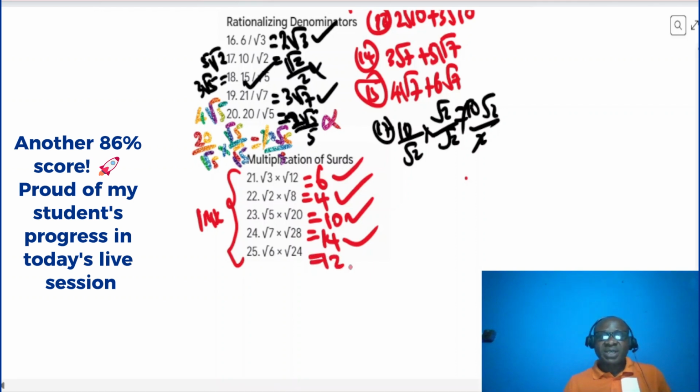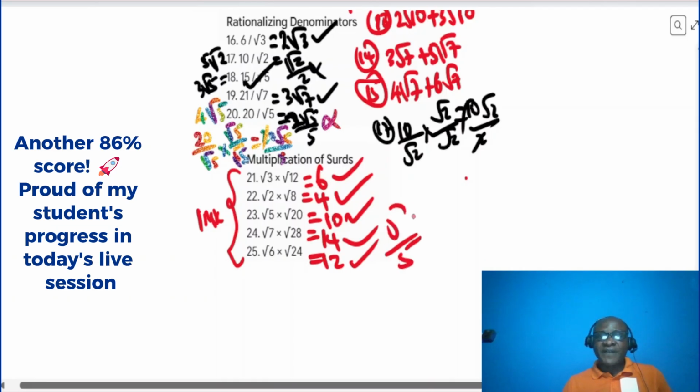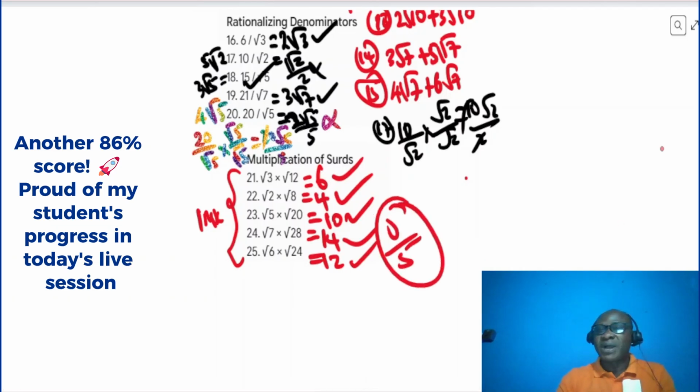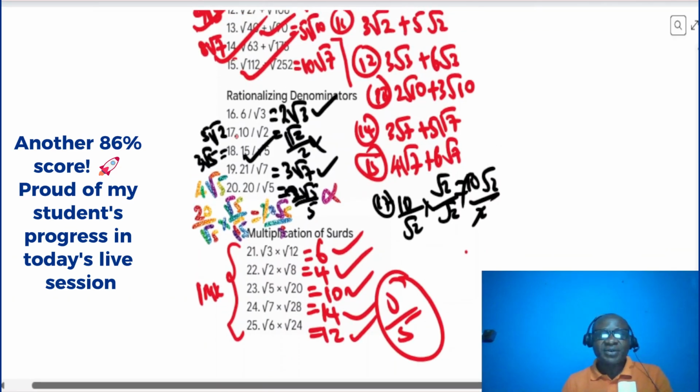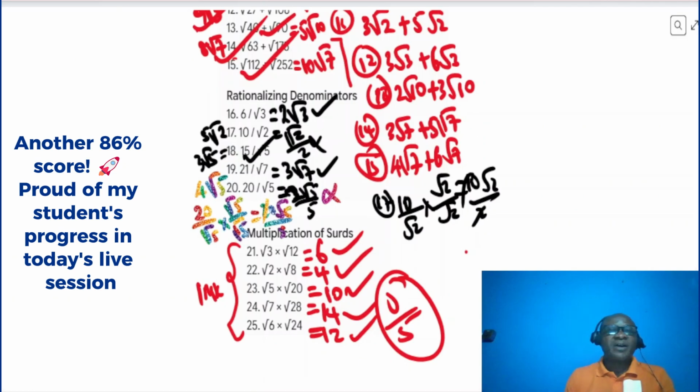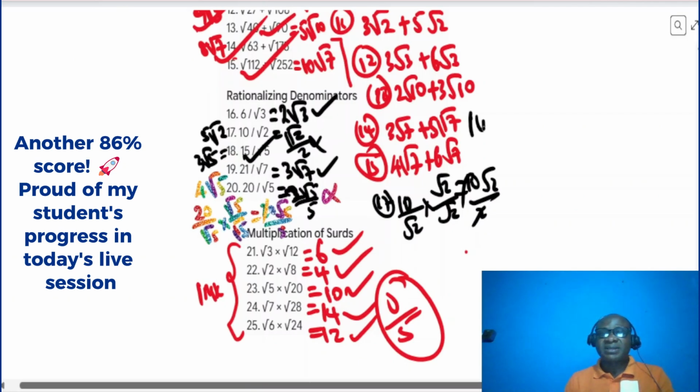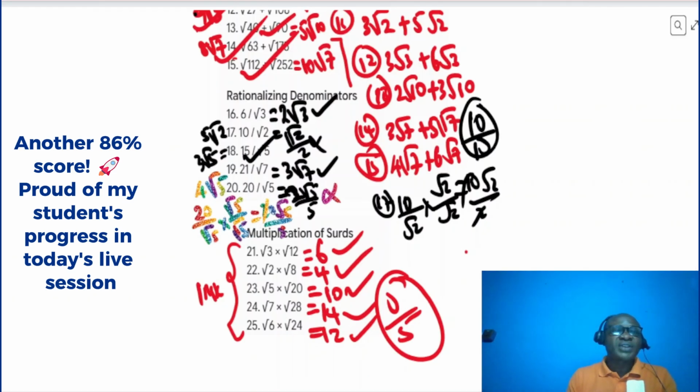So that is it. Therefore, in this one, you got 5 over 5. That is for number 21 to number 25. Then going up, in rationalization, you failed 2.